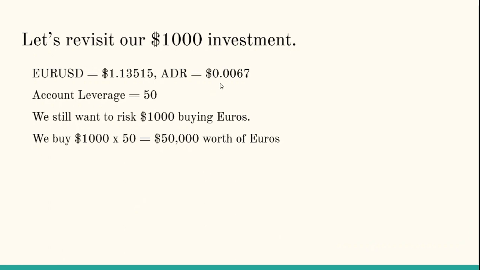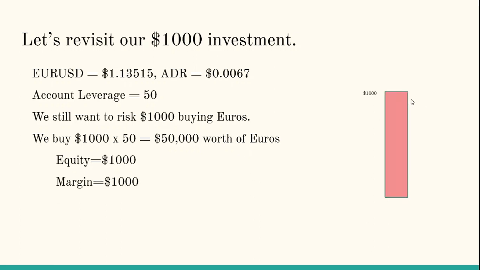So let's go back to that $1,000 investment. Everything here is the same. We have our 1,000 times 50 to 1 leverage, or $50,000 worth of euros. This is exactly the same as the last illustration. So our equity is at 1,000. Our margin use is at 1,000. So we're at a margin call level right now.